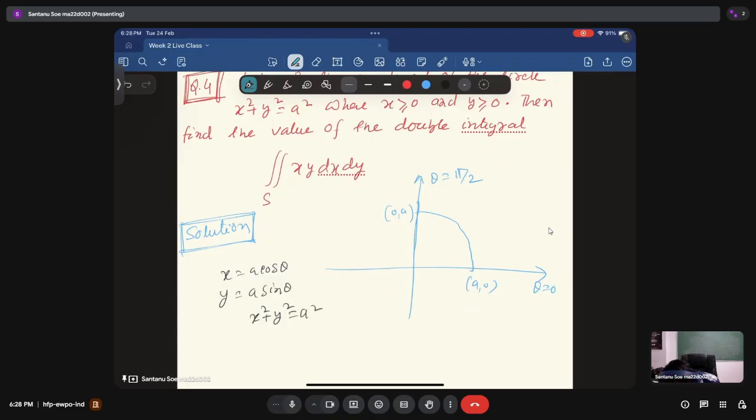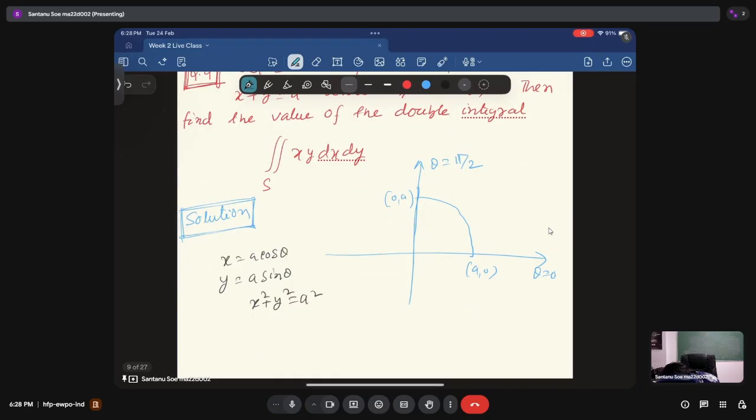Okay. So now similarly, by the previous arguments, we can change this integration to polar form like this. Here we can see that theta is varying from 0 to pi by 2, and r is varying from 0 to a, correct? So this is r equals 0, and this is r equals a.